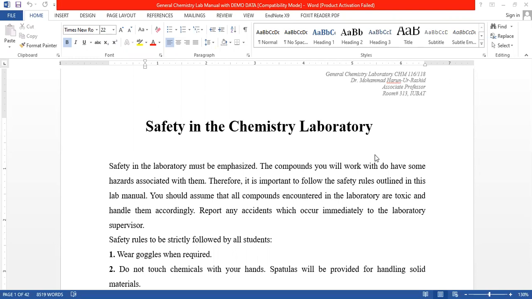We want to conduct all the experiments there, and some of the experiments require data because they contain some calculation. Without data, we cannot conduct the calculation. So we have to wait for the laboratory experiments inside the chemistry lab.